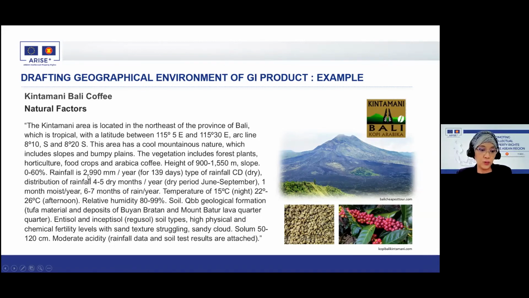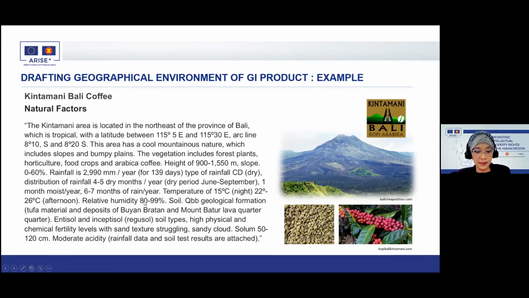Rainfall is 2,990 millimeters per year for 139 days. Type of rainfall, C/D or dry. Distribution of rainfall, 4 to 5 dry months per year. Dry period, June till September. 1 month moist per year. 6-7 months of rain per year. Temperature of 15 degrees Celsius at night and 22 until 26 degrees Celsius in the afternoon.